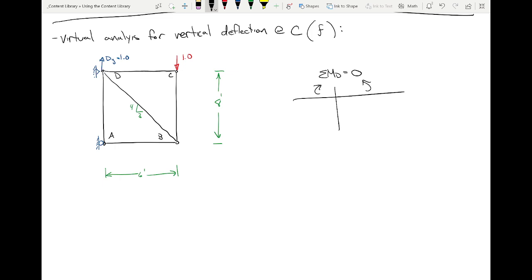So sum moments at D, I get 1 times 6 has got to be matched by AX times 8 feet, right? That's the same thing we just did, right? So AX is probably got to go like that.